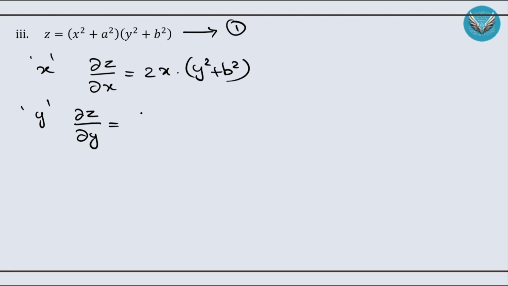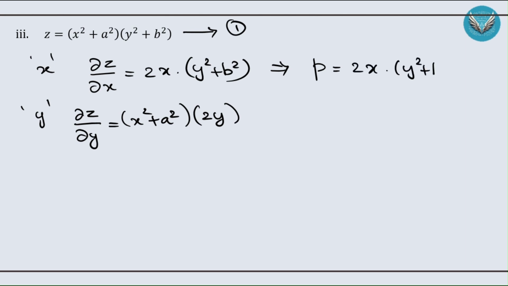Dou z by dou y is equal to (x square plus a square) into 2y. So using the usual notation, p is equal to 2x into (y square plus b square). Next, q is equal to 2y into (x square plus a square).